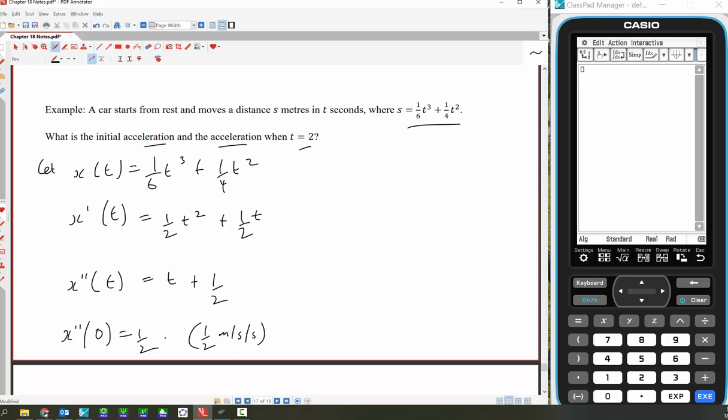That's the rate of change of velocity with respect to time at that point. And at t equals 2, we're going to go x double dash 2. That is 2.5 meters per second squared. So the interpretation of that is the rate of change of velocity with respect to time is 2.5 meters per second squared.